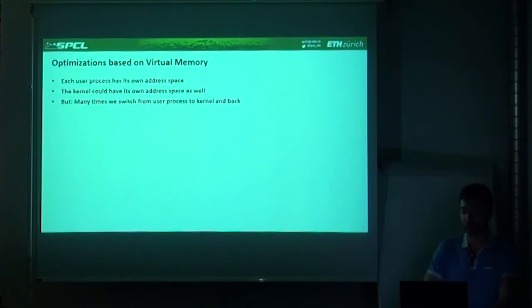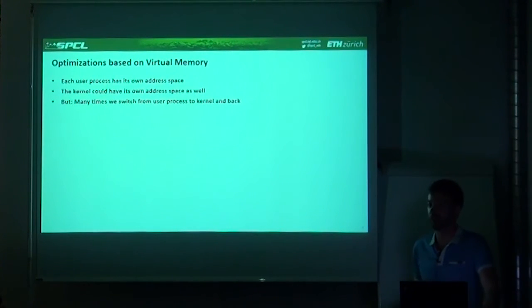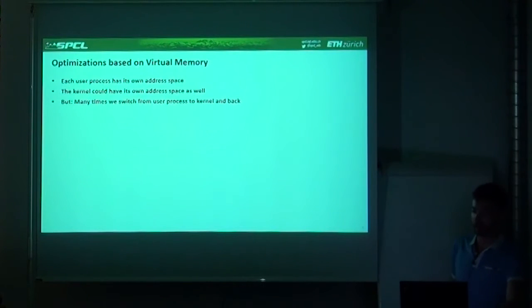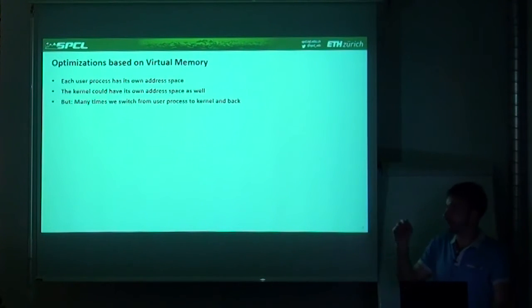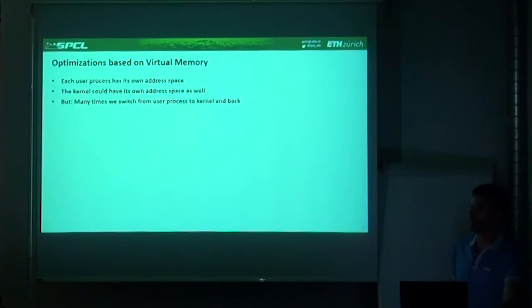So each user process has its own address space, right? We heard that before. And the kernel could be treated like any other process and have its own address space. And when we switch to the kernel, we just switch the value of this page table base register, and then the translation works as normal. But the problem is that we switch from a user process to the kernel and then back to the same user process many times.